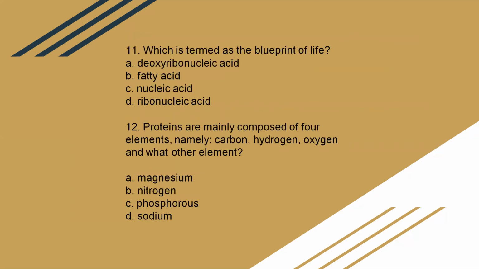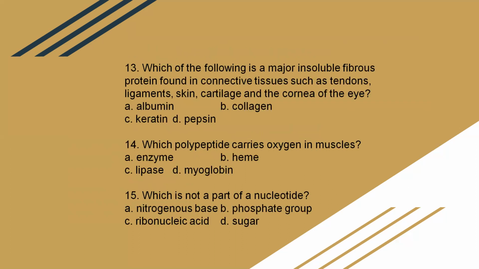11. Which is termed as the blueprint of life? A. Deoxyribonucleic acid, B. Fatty acid, C. Nucleic acid, D. Ribonucleic acid. 12. Proteins are mainly composed of four elements, namely carbon, hydrogen, oxygen, and what other element? A. Magnesium, B. Nitrogen, C. Phosphorus, D. Sodium. 13. Which of the following is a major insoluble fibrous protein found in the connective tissues such as tendons, ligaments, skin, cartilage, and the cornea of the eye?